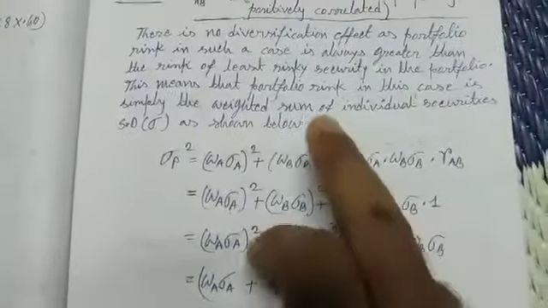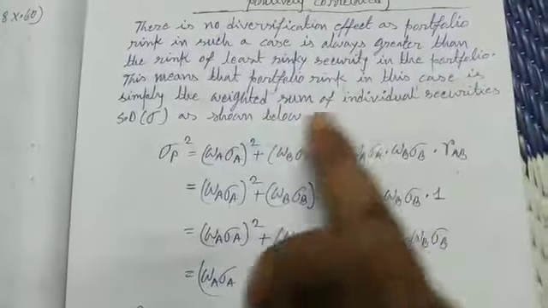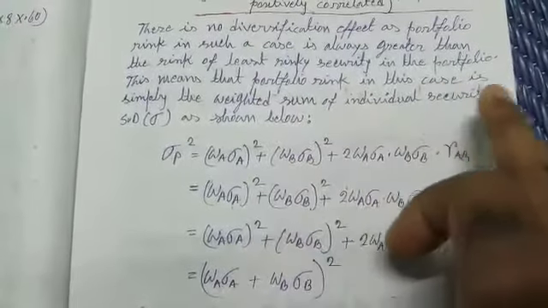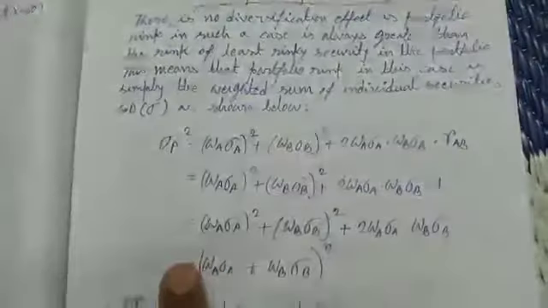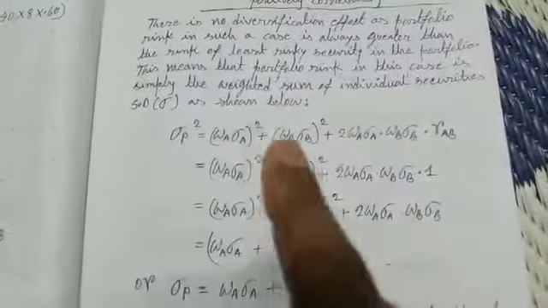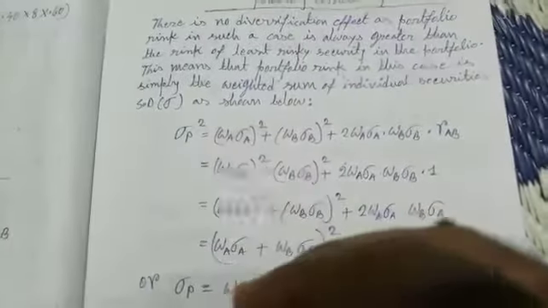So here the portfolio risk in this case will be equal to the weighted sum of the individual security risk contained in the portfolio, and in this case the portfolio risk can never be lower than the risk of the lowest risky security contained in the portfolio.